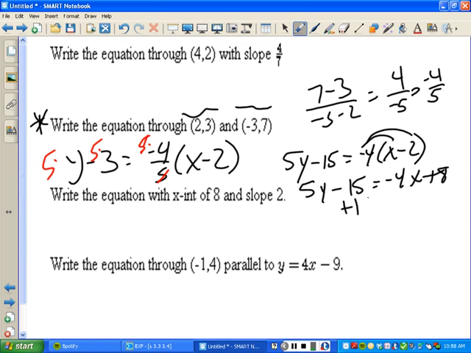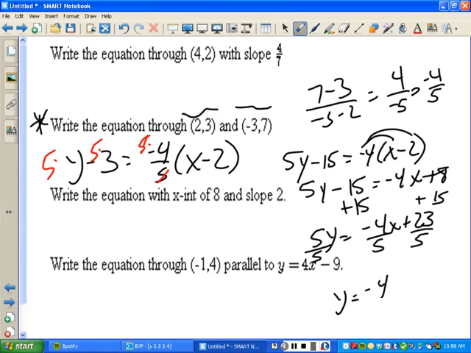Add 15, add 15. 5y equals negative 4x plus 23. Divide by 5, divide by 5, divide by 5, and you'll get y equals negative 4/5 x plus 23/5.